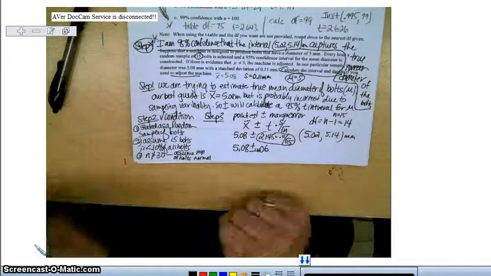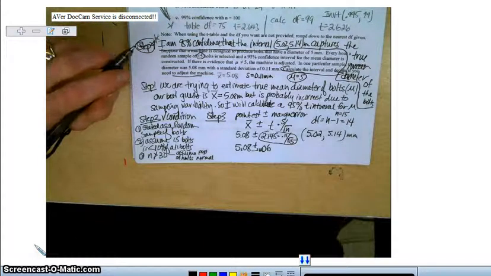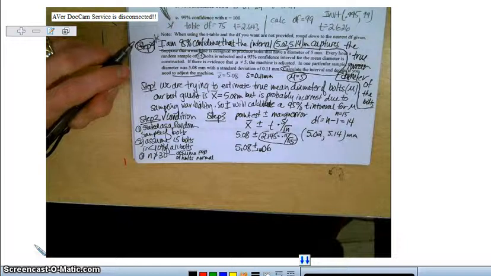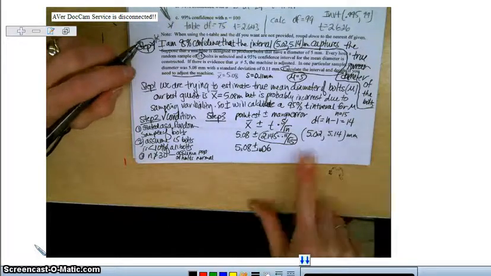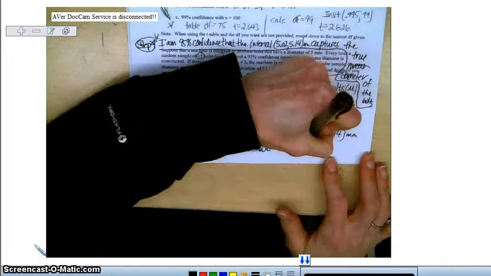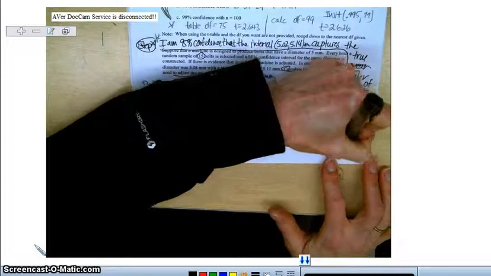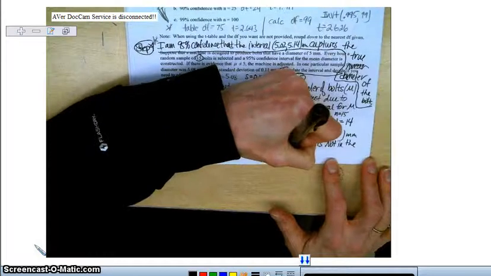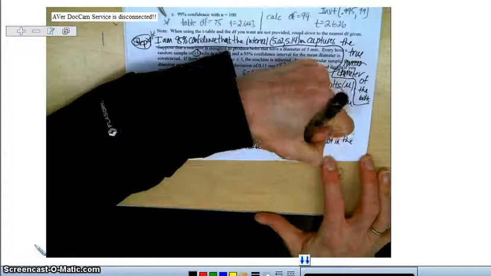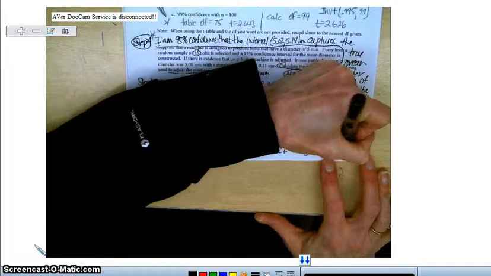We're supposed to be making bolts that are 5 millimeters, so what should we say? Adjust the machine. Why? The true mean, 5 millimeters, is not in this interval. Since 5 millimeters is not in the confidence interval, the CI, adjust the machine.